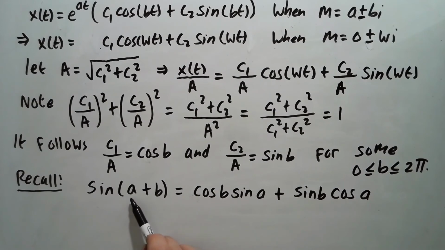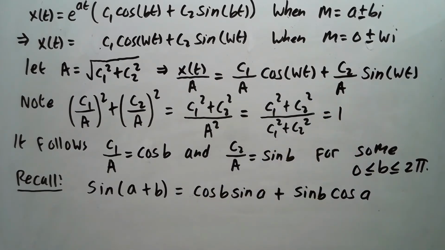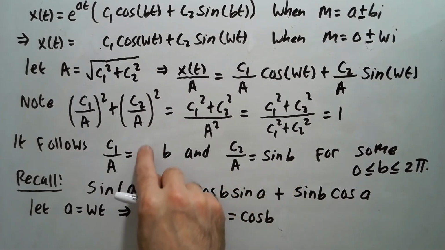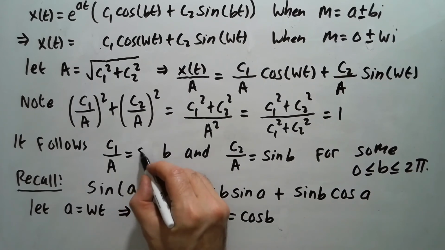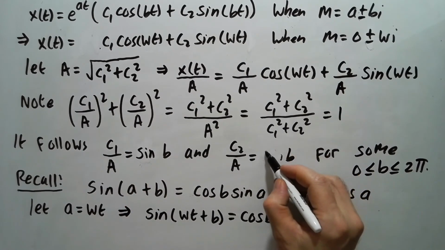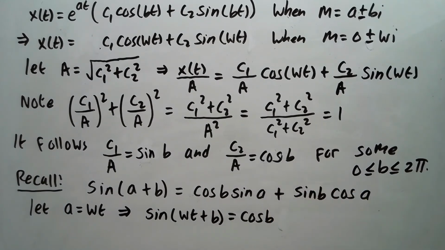Let's let a equal the omega t here. Actually, I just noted something. I want to have these switched around here. I can do that, it's fine. The angle will change, which is fine. But I can think of this as sine of b here, and this is cosine of b. I'll explain why in a second when I write it out over here.